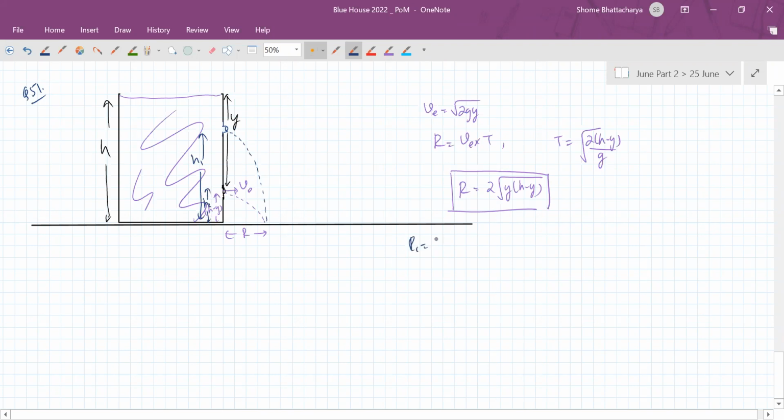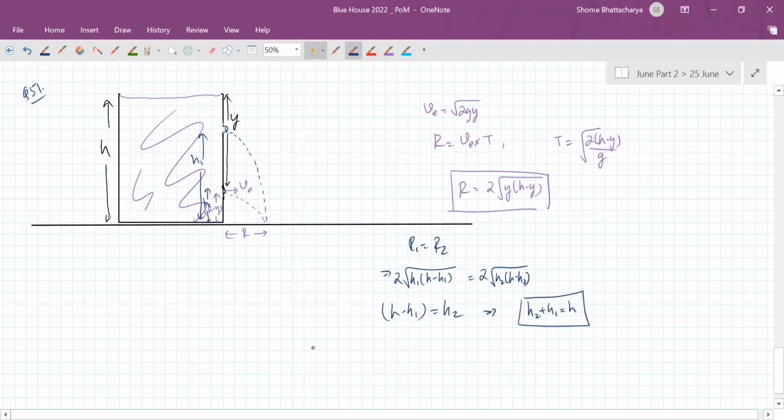So if R1 is equal to R2, it basically means that h minus h1 is equal to h2, or h2 plus h1 is equal to h.